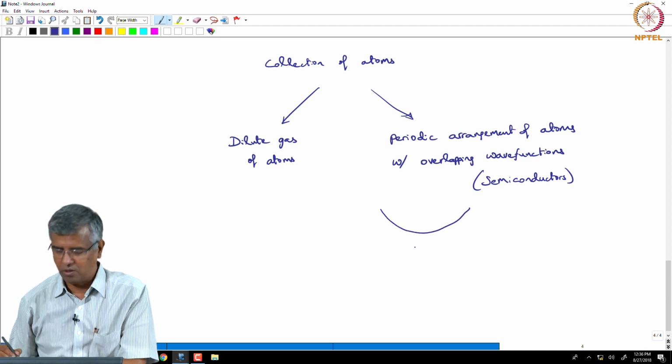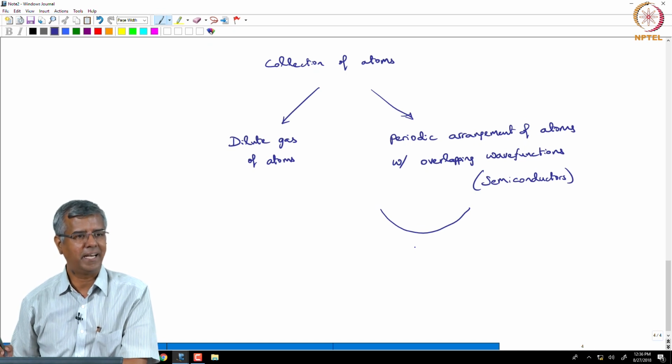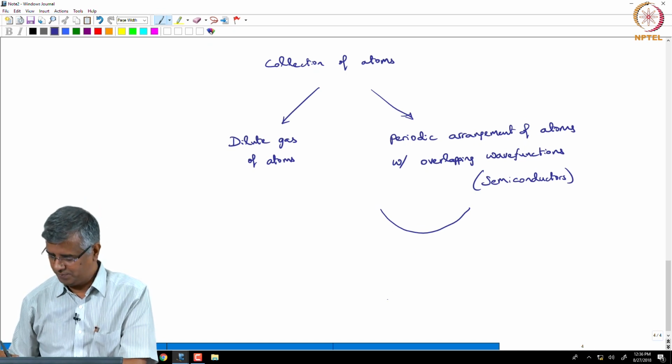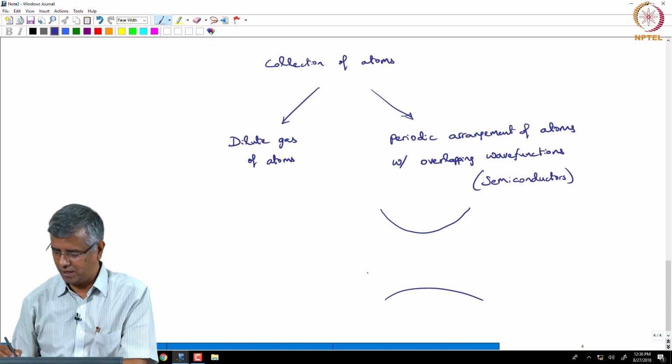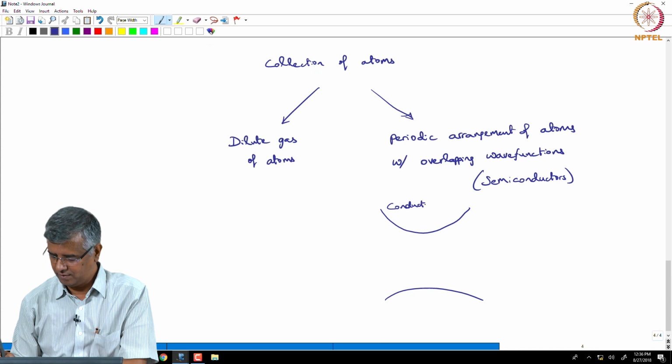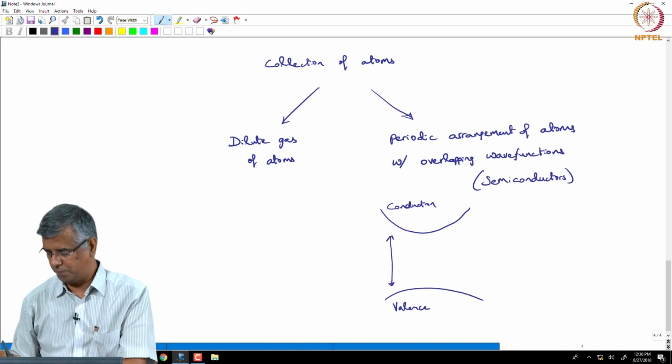So, when you draw what is called the E-k diagram, the energy versus momentum diagram, you find that you have something called a conduction band and a valence band, and certain energy levels between them which are forbidden, which you call the band gap energy.